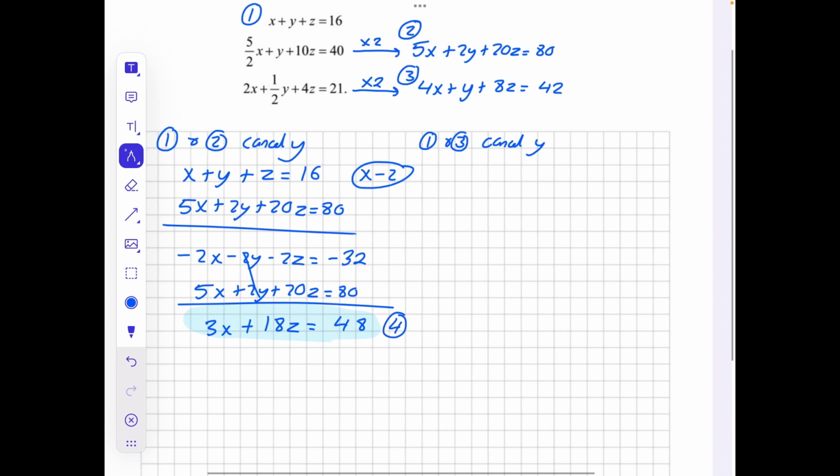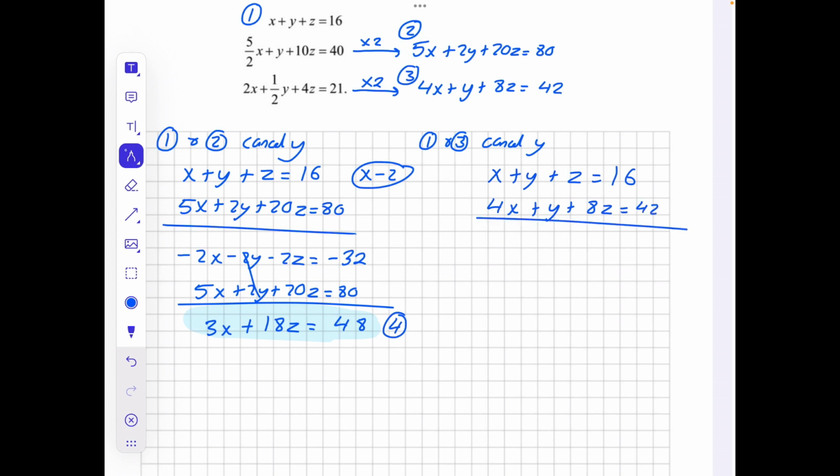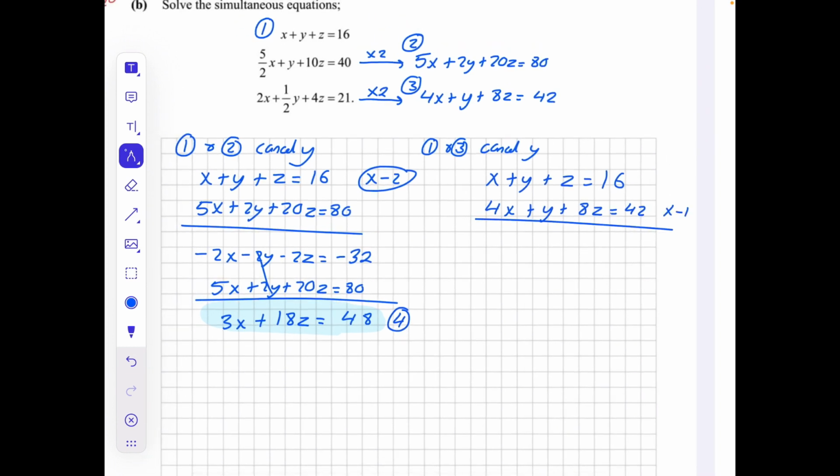Now I'm going to do 1 and 3 and cancel y. So again, x plus y plus z is equal to 16. And equation 3 without the fraction is 4x plus y plus 8z is equal to 42. To get something to cancel, I need a positive y and a negative y, so I'm going to multiply all of the bottom line by -1.